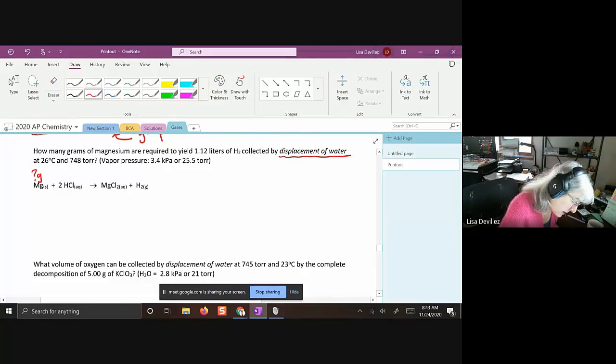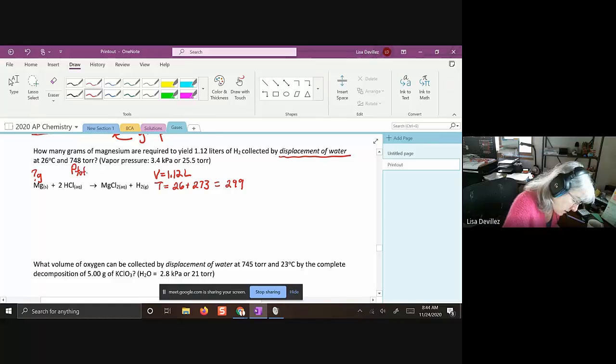I want to get 1.12 liters of hydrogen at a temperature of 26, so it's going to be 299, and a pressure of 748 torr.